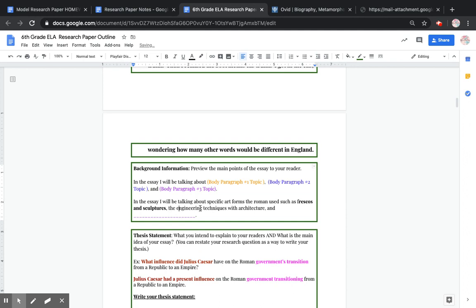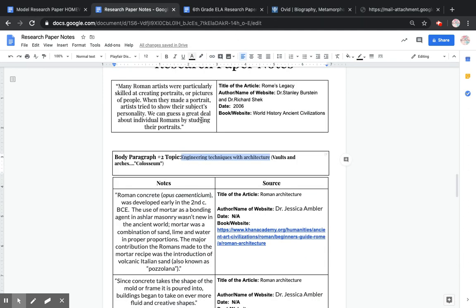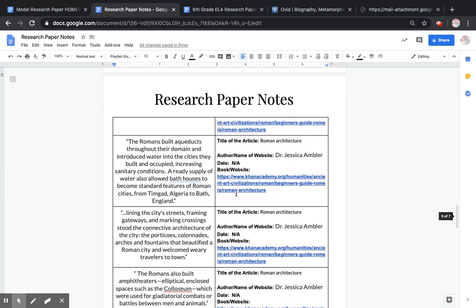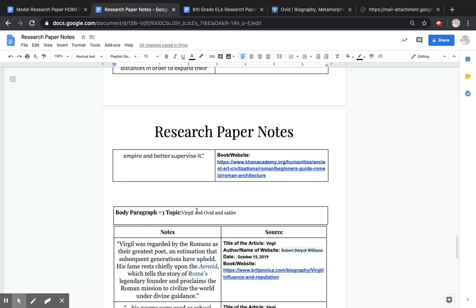The engineering techniques used in building used in Roman architecture. And lastly, what I'm going to be talking about is, let's see, topic 3.